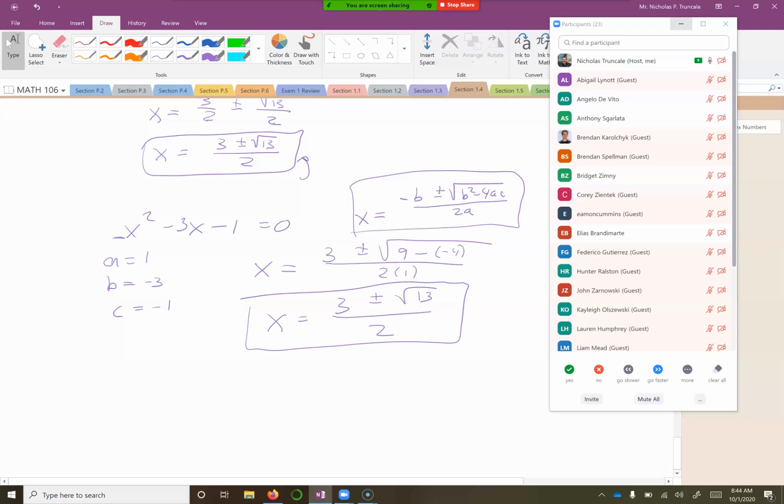Now, on this specific quiz today, because I'm quizzing you on making sure you know all of the methods, I dictate which method you have to do for any specific question. But when we have this on an exam, I won't tell you which method to use. So you could choose whatever method you want. And I'll reiterate it again, this guy right here works on every single quadratic equation.